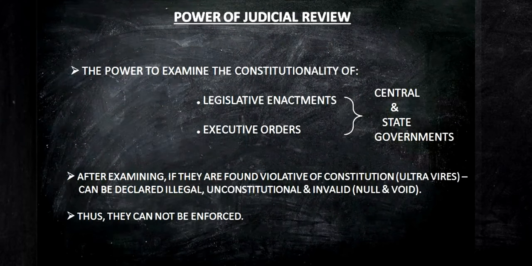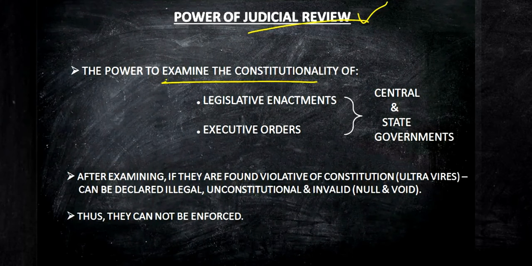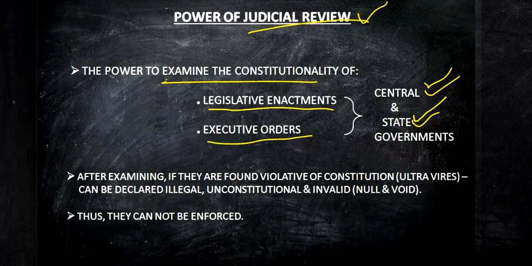So let's move on to the next power of the Supreme Court. Now here comes the exclusive power of the Supreme Court, that is the power of judicial review. Very important. Now what do you mean by judicial review? Judicial review is the power of the Supreme Court to examine the constitutionality of a particular legislative enactment, that means a law made by any central or state government, or otherwise the executive orders issued by the central government or the state government.